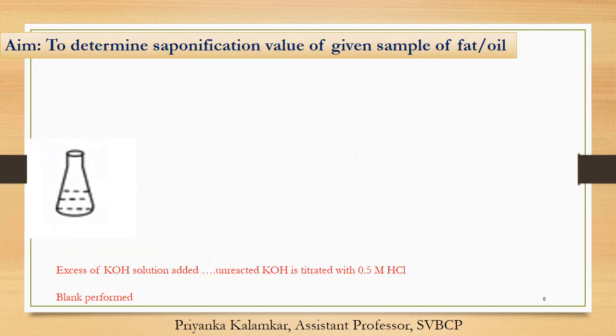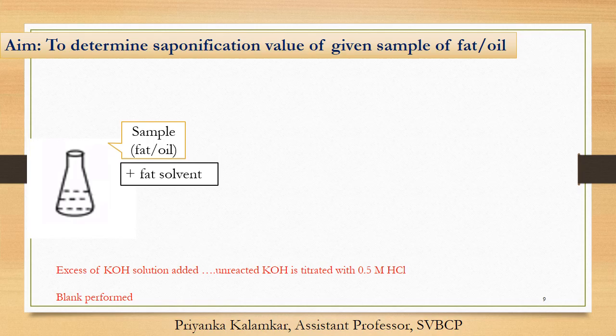Now we'll see one by one how we are going to carry this out. First we'll take the conical flask and add the fat sample to it. As per the procedure, you have to see what amount of sample needs to be weighed. That amount of sample you weigh in the conical flask.